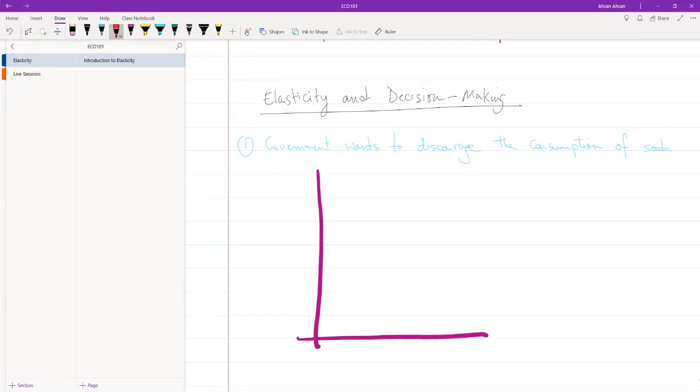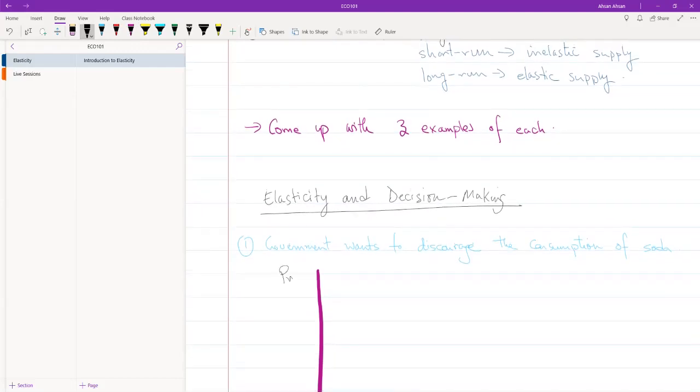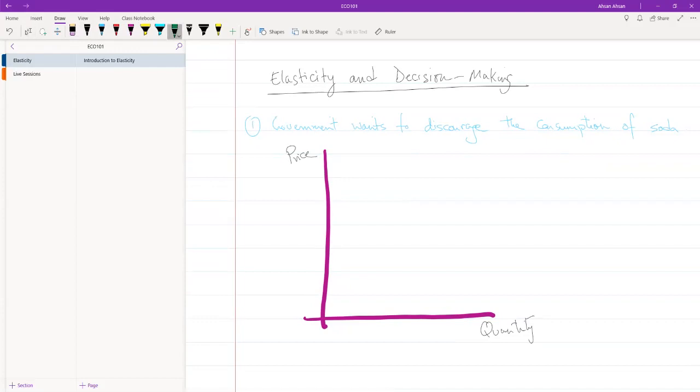So we have, of course, quantity here, and price over here. Let's draw a demand and a supply curve.